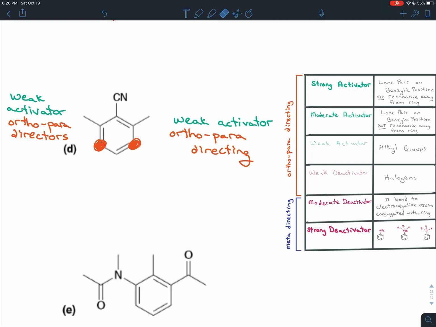And so we're left with those two positions. So you could write two products, but the truth is those are just one product. There's a line of symmetry in this molecule, and those two positions are really the same. So if you add something to this ring, that new branch would add to either one of those positions and give you the same molecule, either one you add them to.